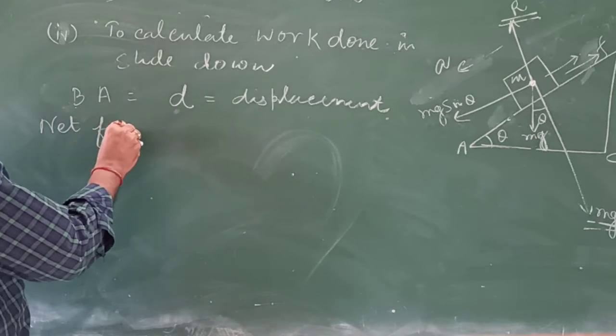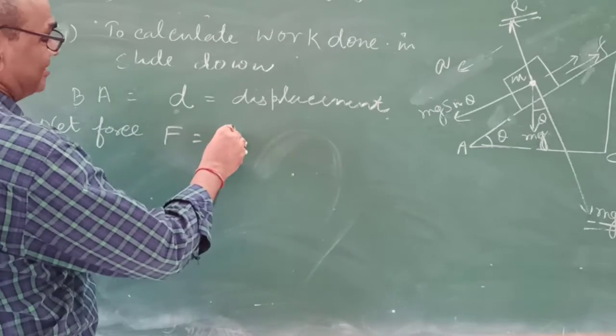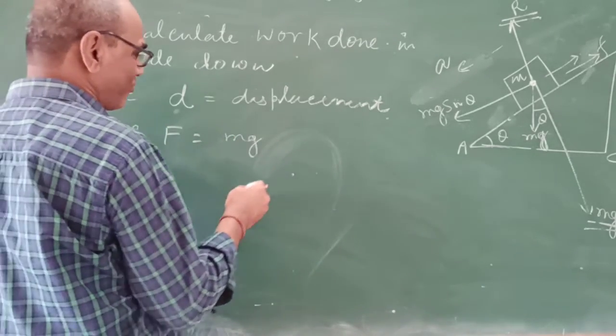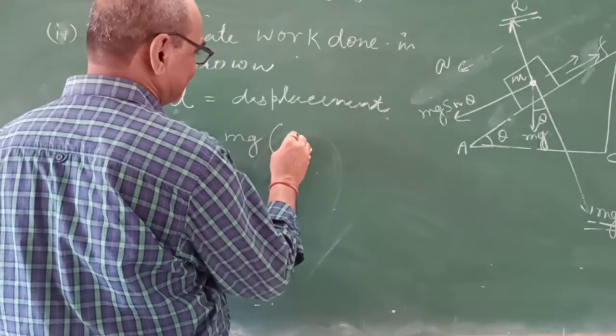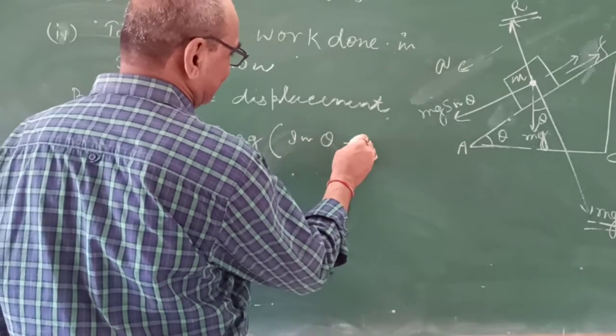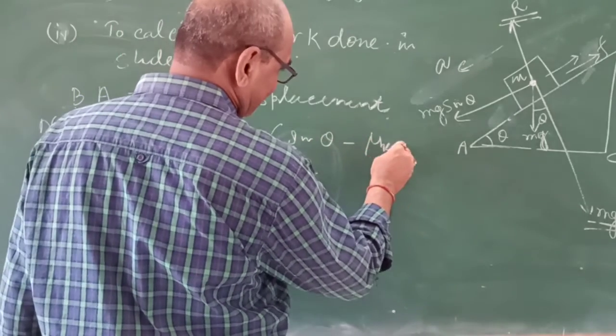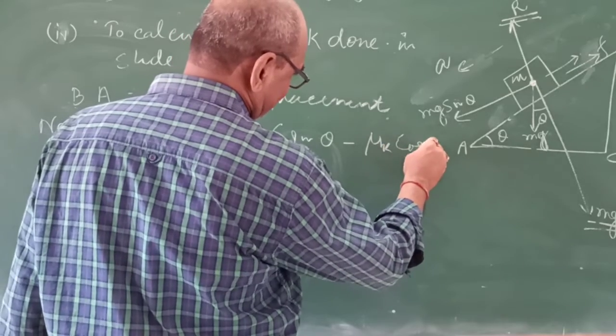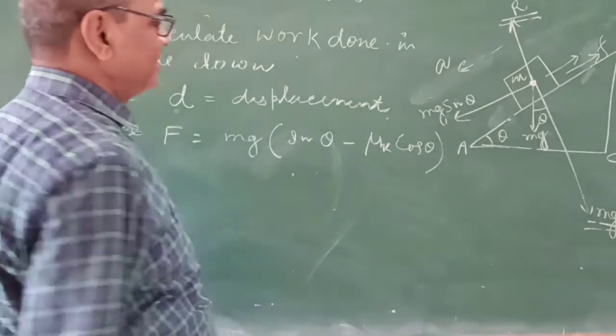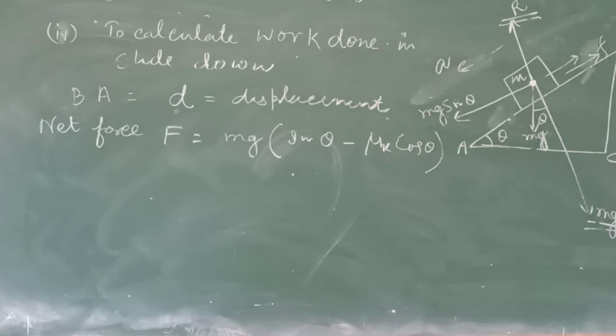Net force is equal to mg sin theta minus mu k cos theta, for slide down.